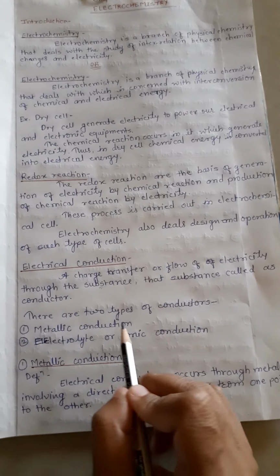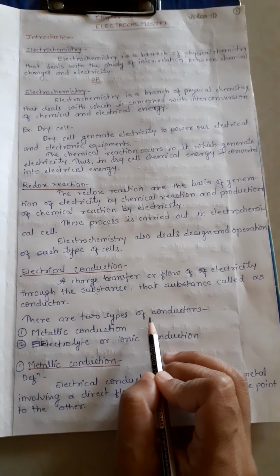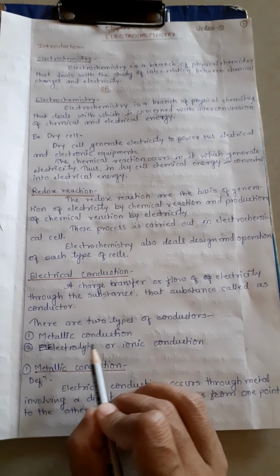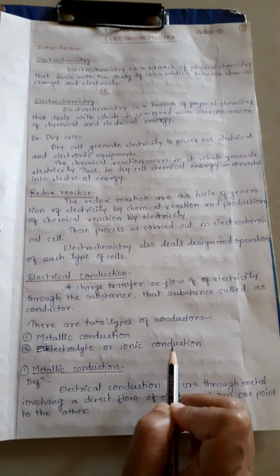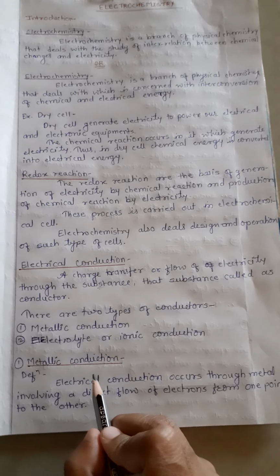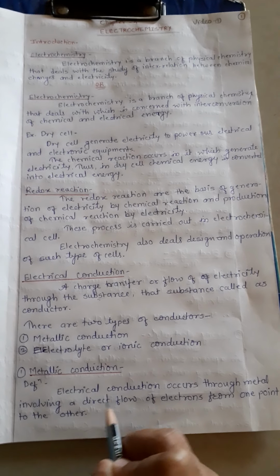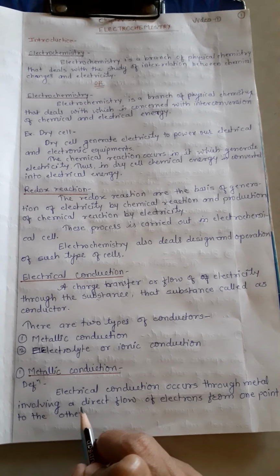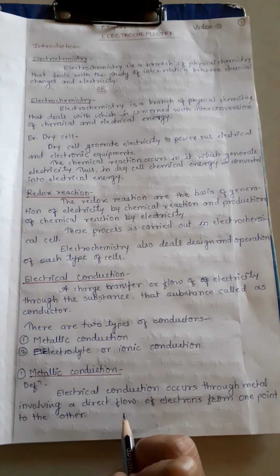There are two types of conductor. First one is the metallic conductor and second one is the electrolyte or ionic conduction. First one is the metallic conduction. The electrical conduction occurs through metal involving direct flow of electrons from one point to another.